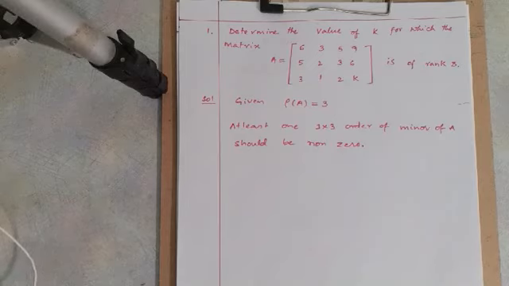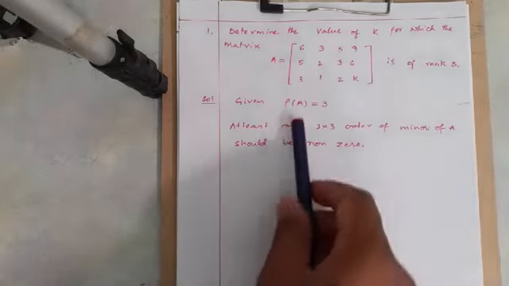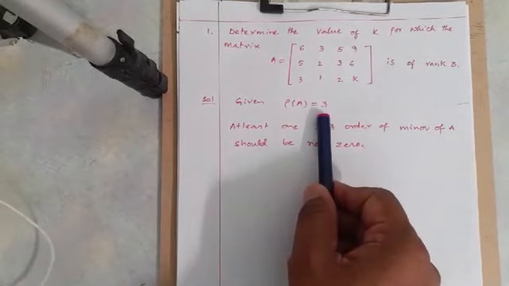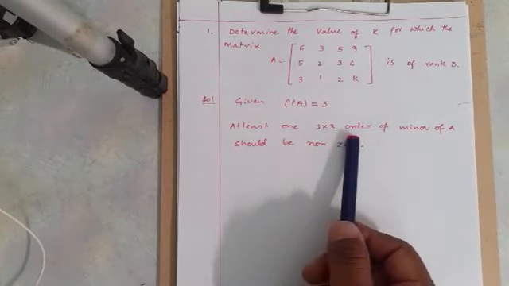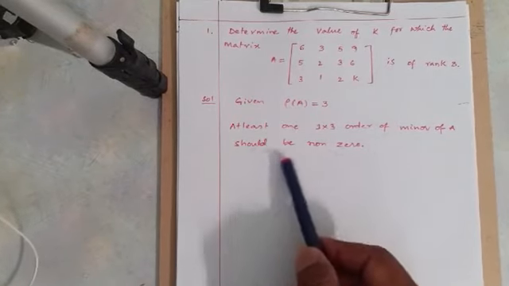Given rank of A equal to 3, at least one 3 by 3 order minor of A should be non-zero.